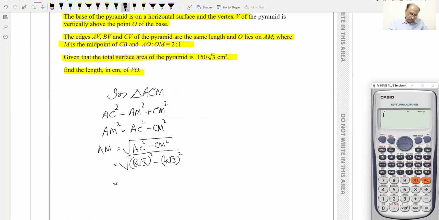This will be square root of 8 root 3 squared, minus 4 root 3 squared, and this is equal to, there is some mistake, yes, we missed this square also, and now it is giving us 12.